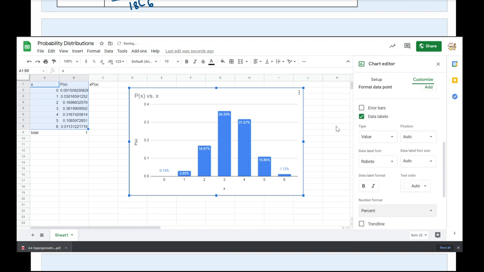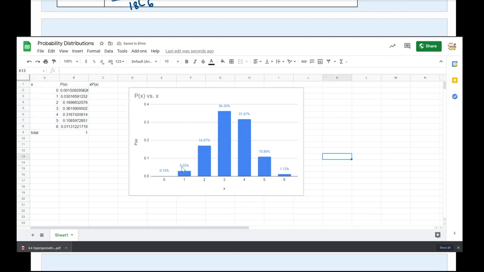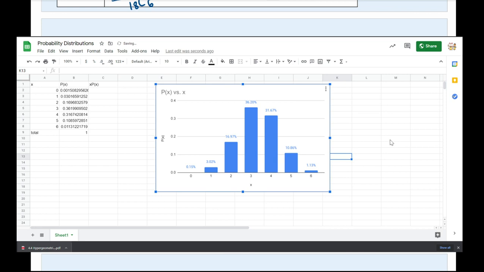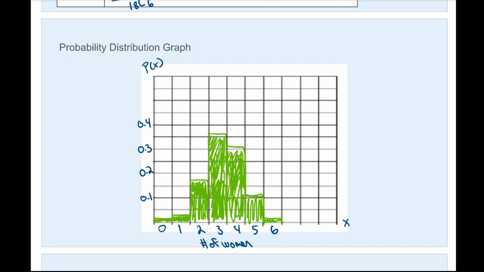You may just want to change the labeling so that we can see the individual labels. But essentially there is our graph, and that does match roughly what we had or what we sketched. So again, regardless of how you choose to do it, probably easier to use Google Sheets for when you create the graph. But doing it by hand also works as well. It just won't be as accurate or as nice.